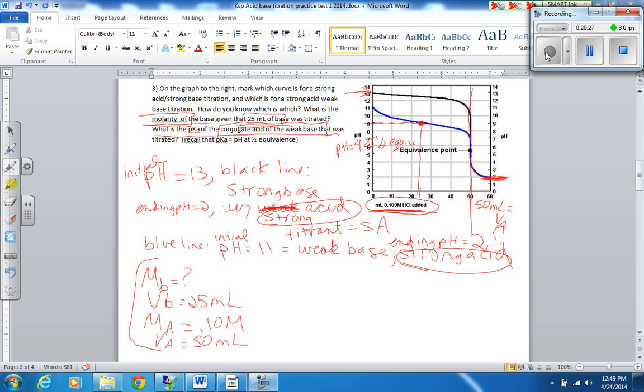And the pKa of the conjugate weak acid is the pH. The pKa of the weak base is the pOH. pKa is pH, pKb is pOH. So pKa is 9. If I had asked you for the Kb of the weak base, what would you have to do? You could find Ka. So we know the Ka is 10 to the minus 9.